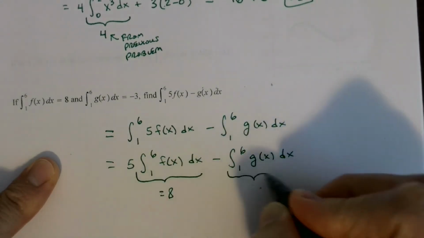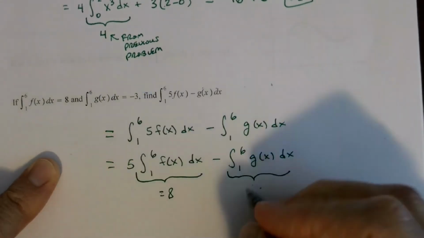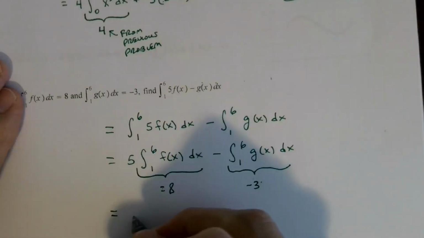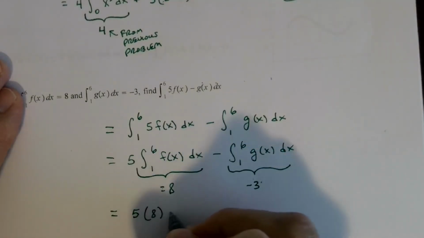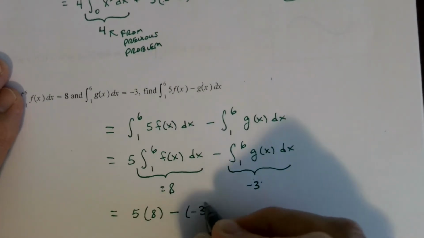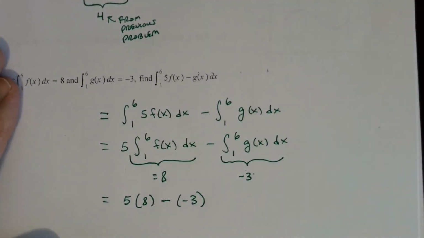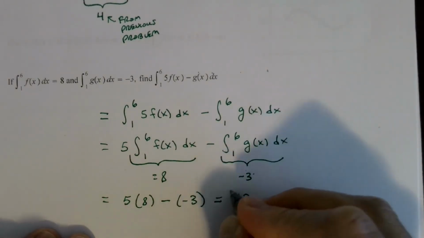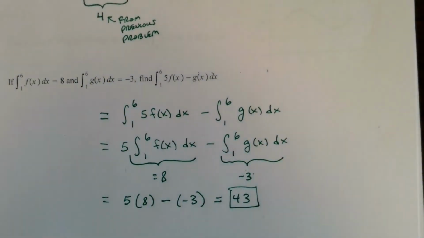And the integral from 1 to 6 of g(x) dx is equal to -3. And so I'm just going to get 5 times 8 minus a -3, which is 40 plus 3, or 43.